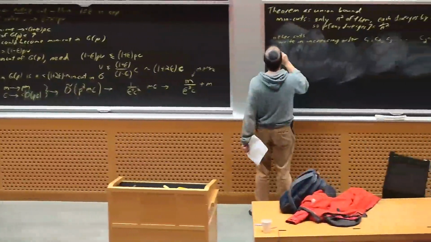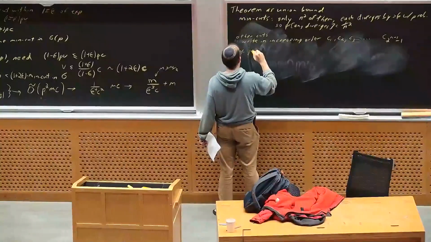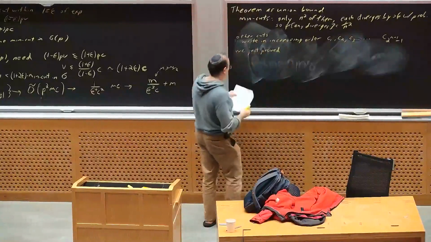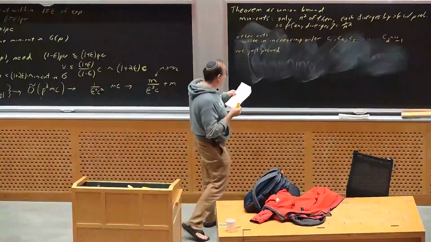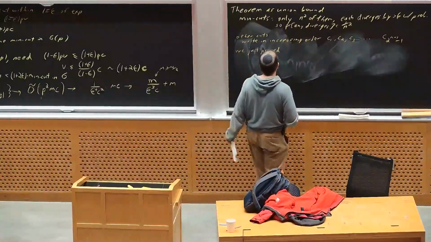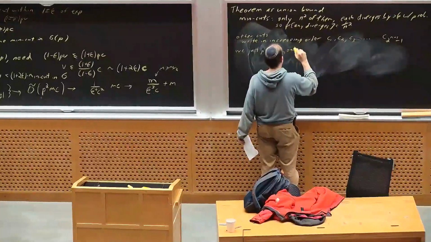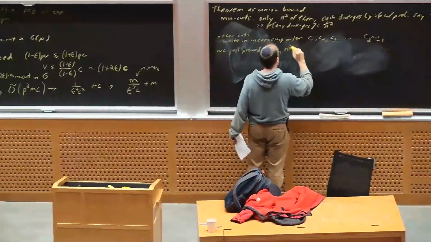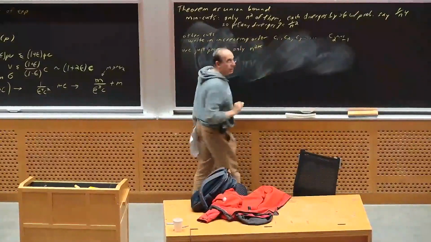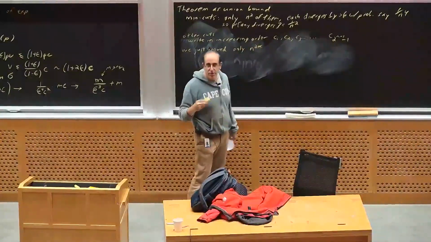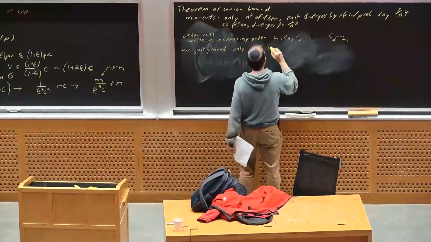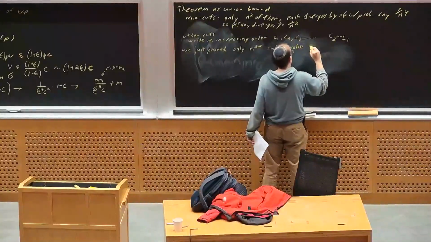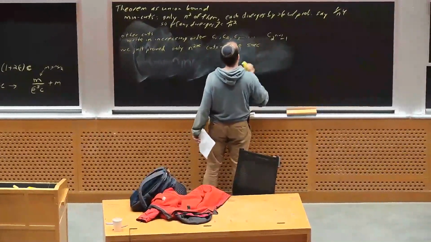I claim that we just proved that there are only n to the 2 alpha, I'm going to leave off the O's so that the board doesn't get cluttered. Remember there are some constant factors here that don't matter. Cuts of value less than or equal to alpha c, right?